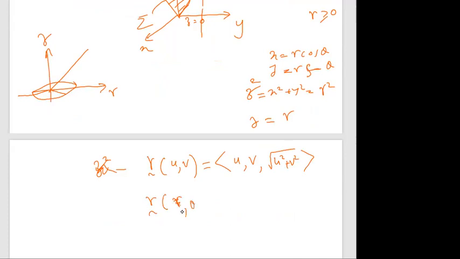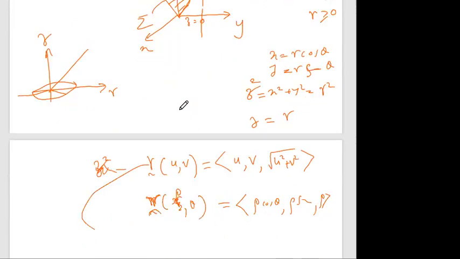I will use rho, otherwise you may be confused with the other r. The x coordinate is rho cos theta, the y coordinate is rho sin theta. You could use u and v or rho and theta. Which one do you want? Let's use this.